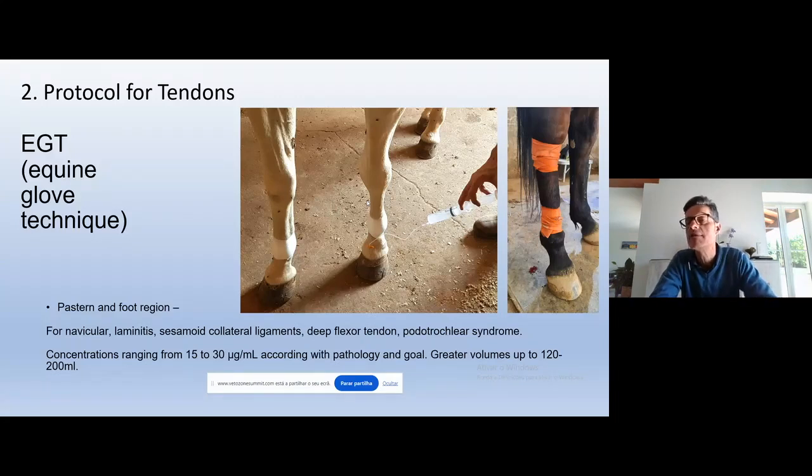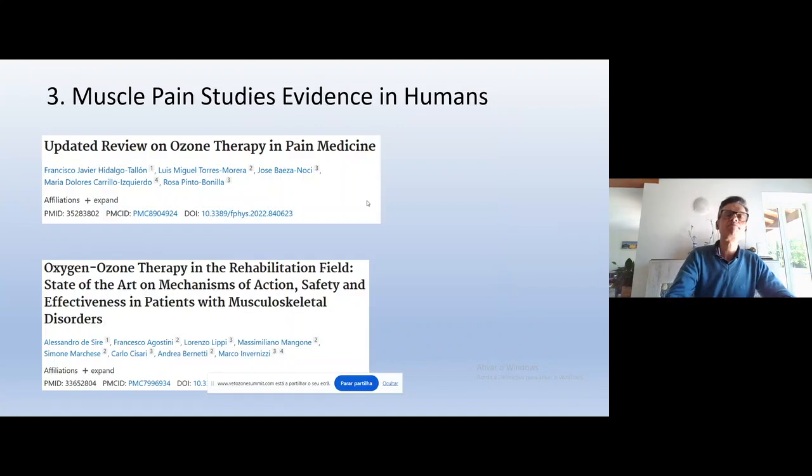I try to isolate the area where the tendon is affected, and then I infiltrate subcutaneously in order to allow some minutes of a more direct action without the ozone spreading around, because ozone will very easily spread to the fetlock, to the hock. So I do this in order to concentrate the ozone, as is obvious.